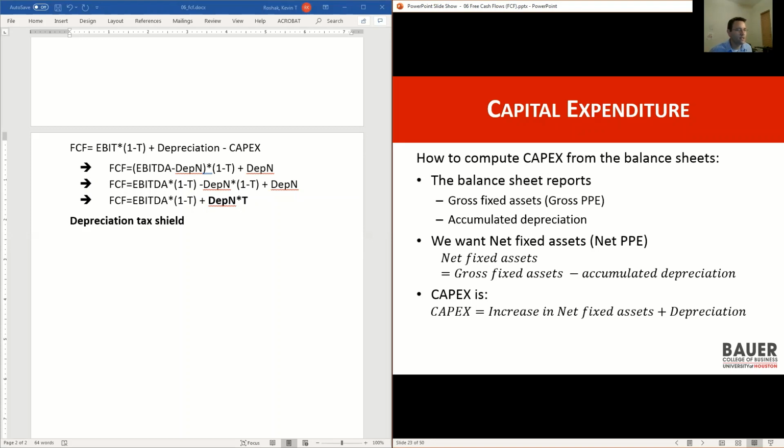The balance sheet gives us your gross fixed assets, your gross PP&E. And it also gives you your accumulated depreciation. So we know that these long-term assets depreciate over time. Your gross fixed assets is how much you paid for them initially. But we know that over time they're losing value, and that loss of value gets captured in this accumulated depreciation.